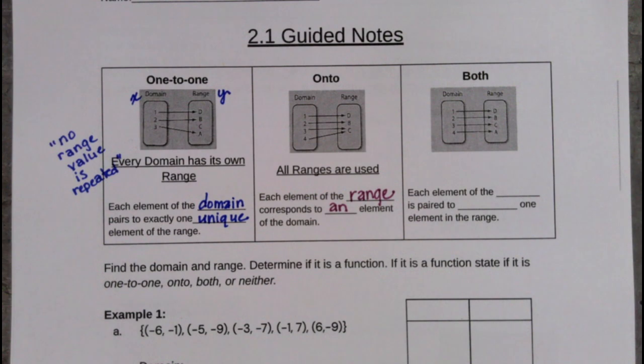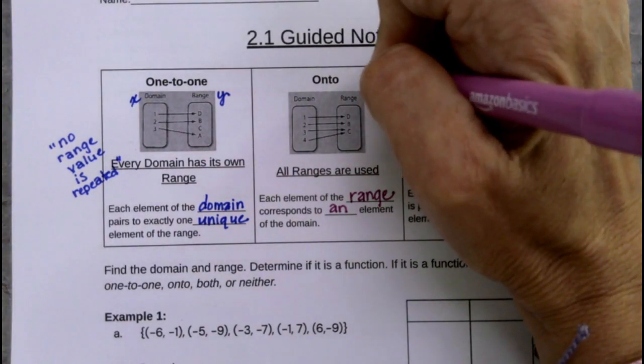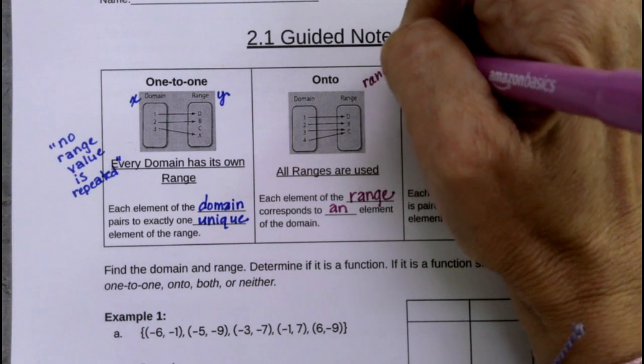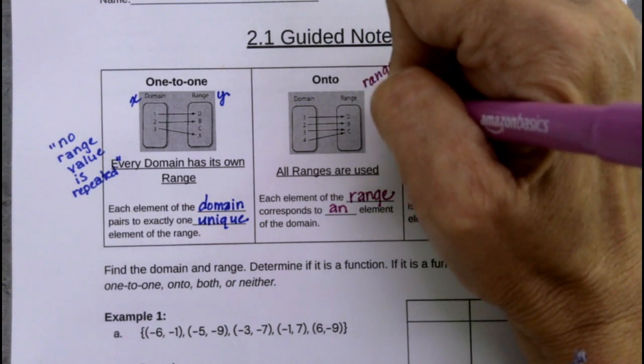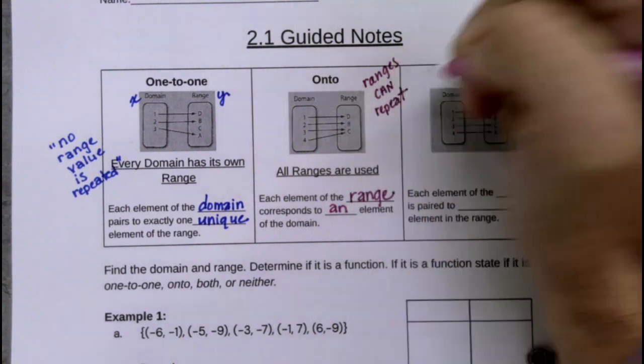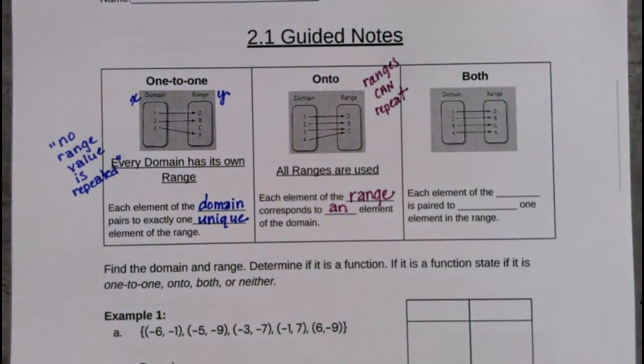Two of them are going to C, right? So here, ranges can be repeated. So ranges can repeat, but you cannot have leftovers.